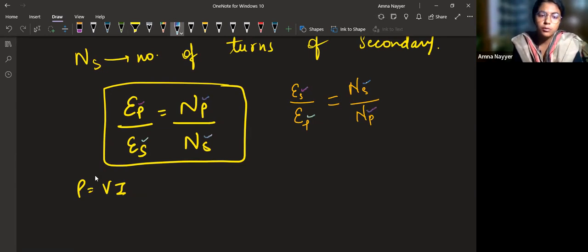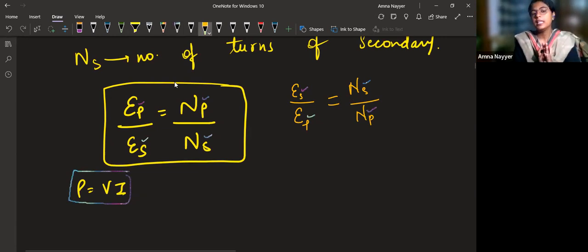Now power is equal to voltage into current. This we have studied. P is equal to VI. Now, you already know that voltage is inversely proportional to current.